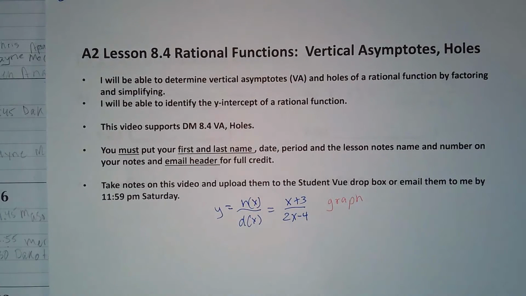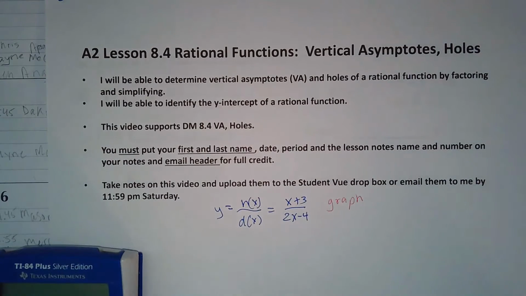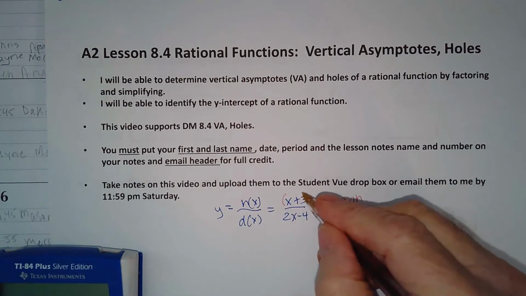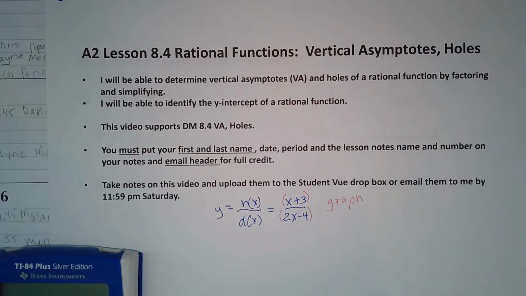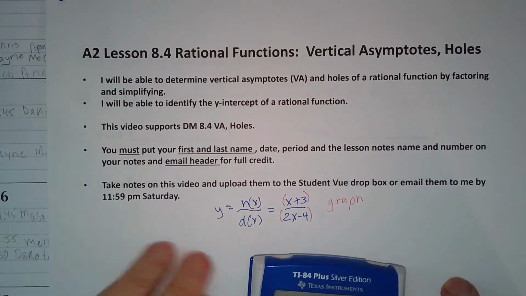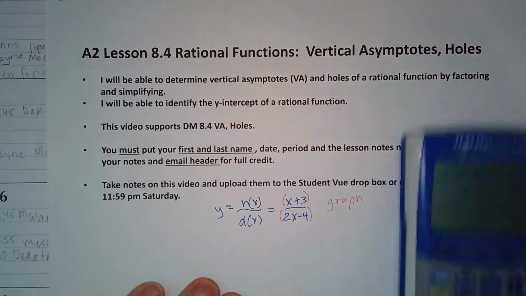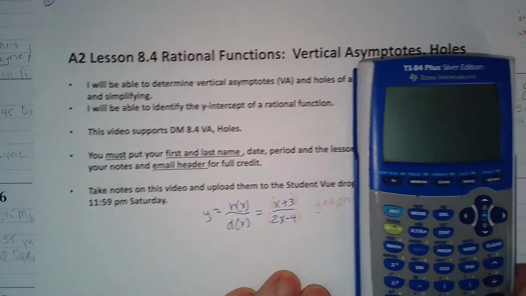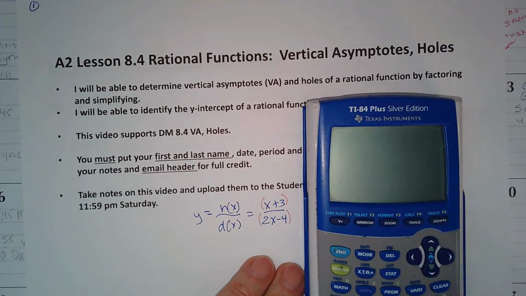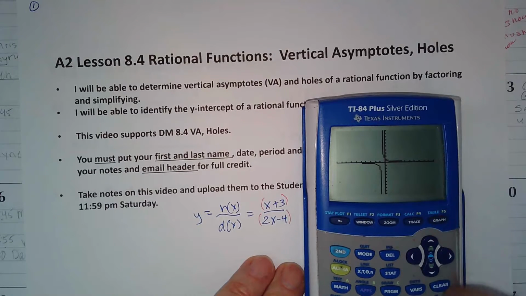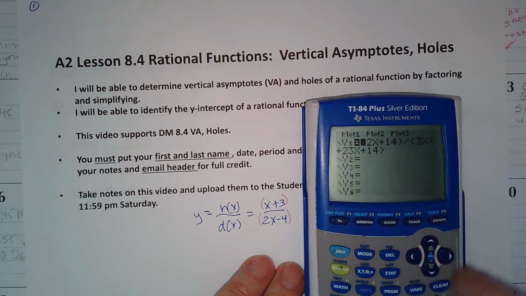And so what you're going to have to do, take your graphing calculator here, and put parentheses around your numerator and your denominator when you put it into the graphing calculator. And I constantly struggle with putting those parentheses in. But let's just show you how we do it. So we turn this on and we clear this.